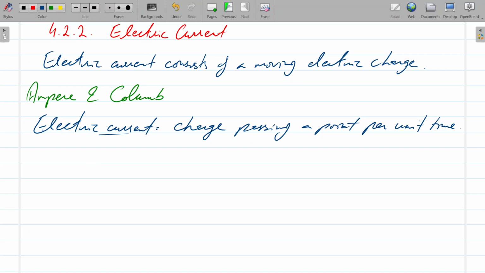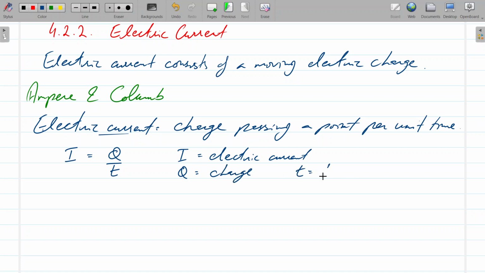And so that can be given as an equation, I equals Q over T, where I is the electric current and Q is the charge and T is the time.